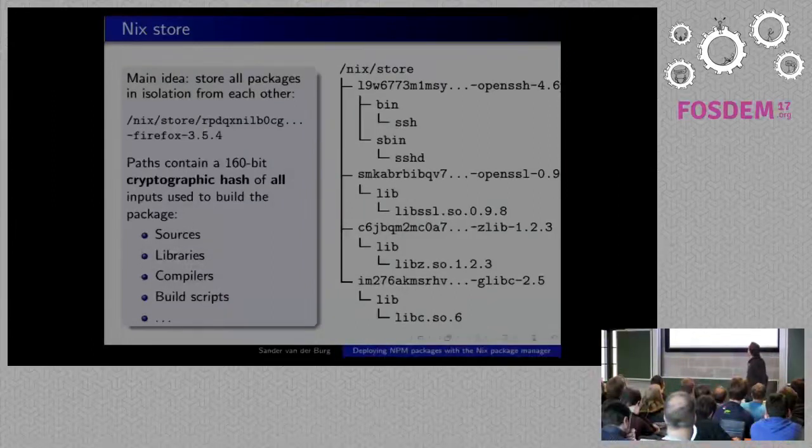As you can see, the first component of each path is a hash code, and we derive that hash code from all involved build time dependencies to build the package. For example, the source code, the versions of the compilers, linkers, the build scripts, all these properties are reflected in the hash. And if I would upgrade GCC to a newer version and compile Firefox again, then it will yield a different hash code.